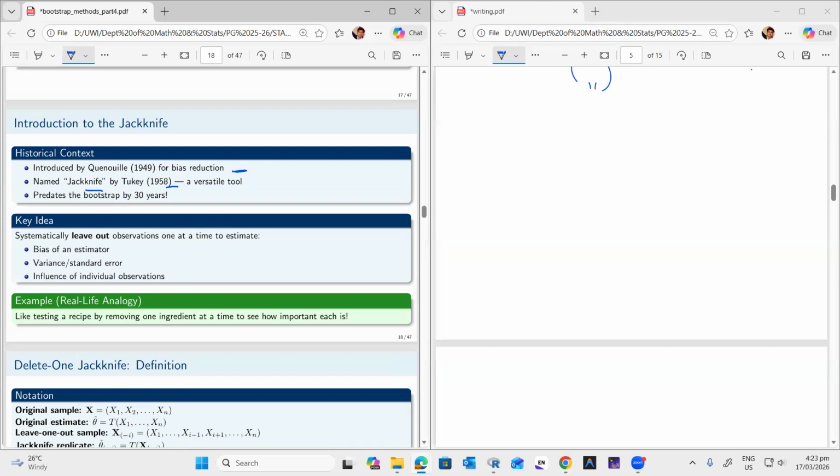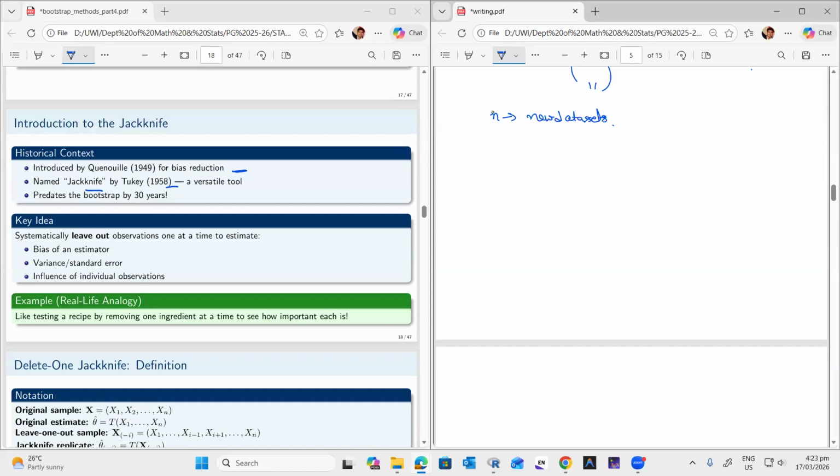If the original sample has size n, each new data set is obtained by omitting a single observation.